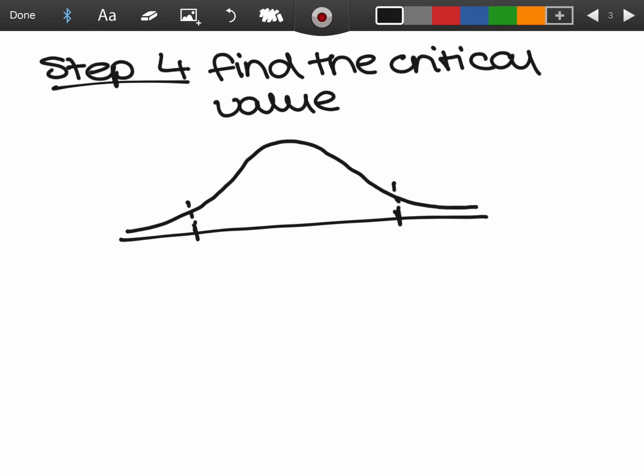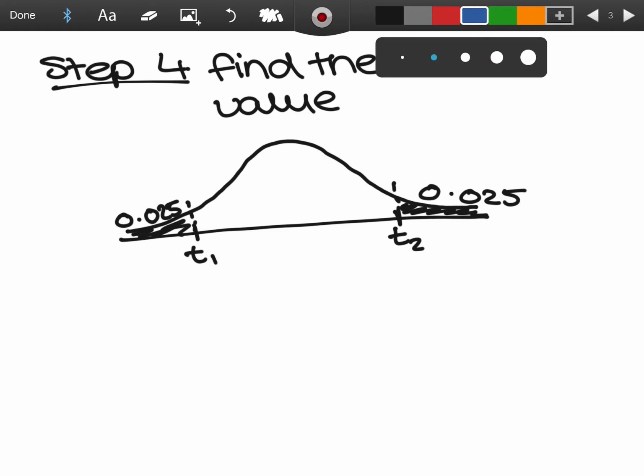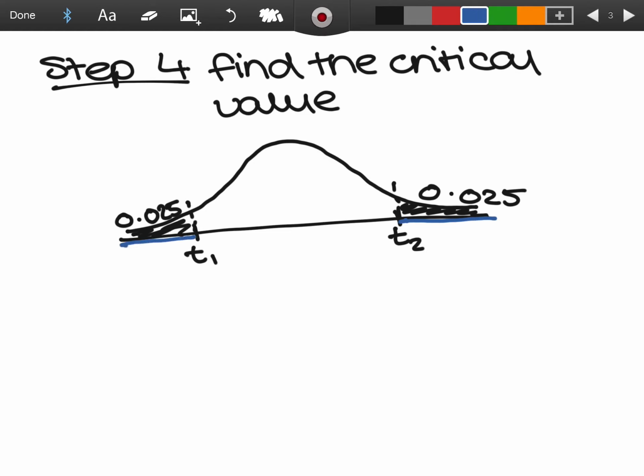We're going to have one here and one here, and the area under the curve to the left of this t value, we'll call it t1, is 0.025, and the area to the right of this t value, we'll call it t2, is also 0.025. So if our test statistic falls either to the right of this t value or to the left of this t value, it's going to fall in that rejection zone.